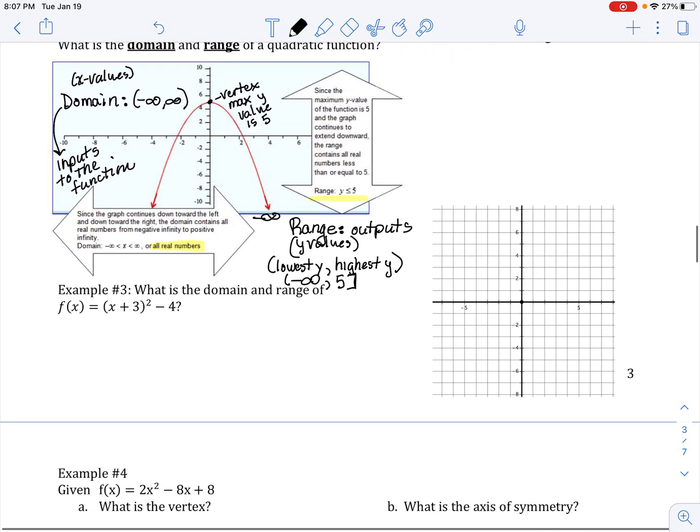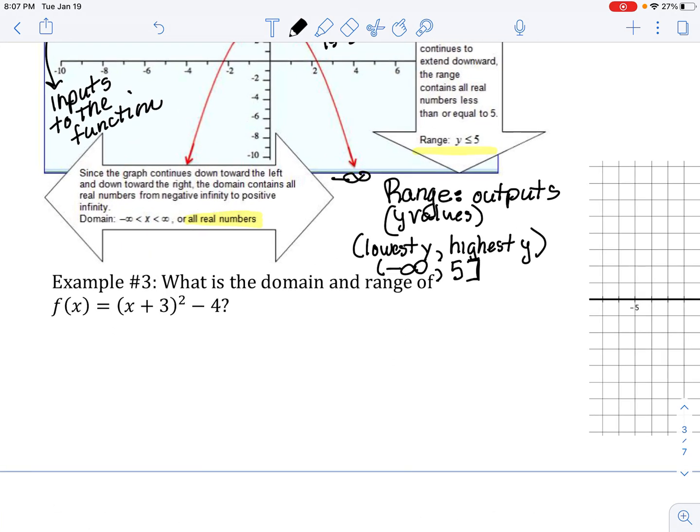Okay, what is the domain and range of the function in vertex form? Okay, so this is in vertex form. So as we remember, this is going to be x minus h squared plus k. So to interpret that, that means h should be written x minus a negative 3 squared, right?